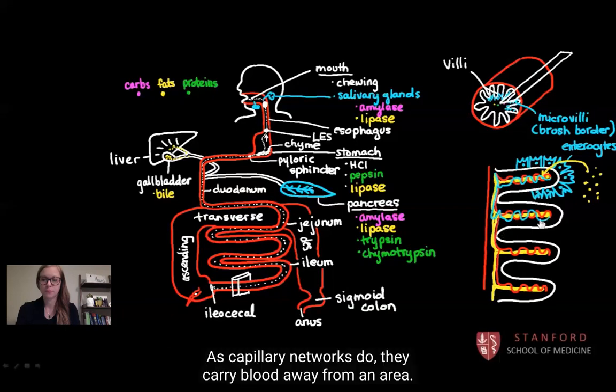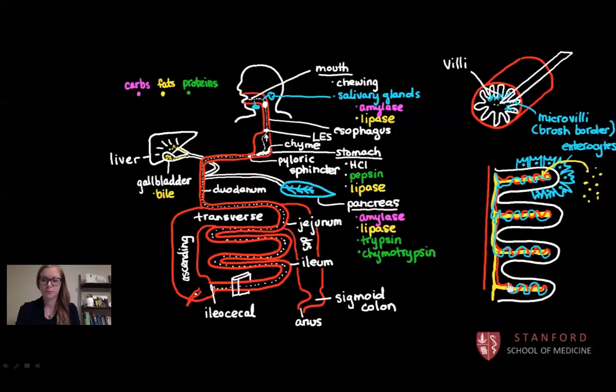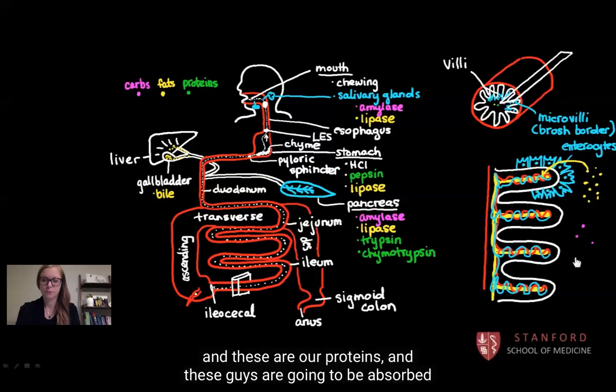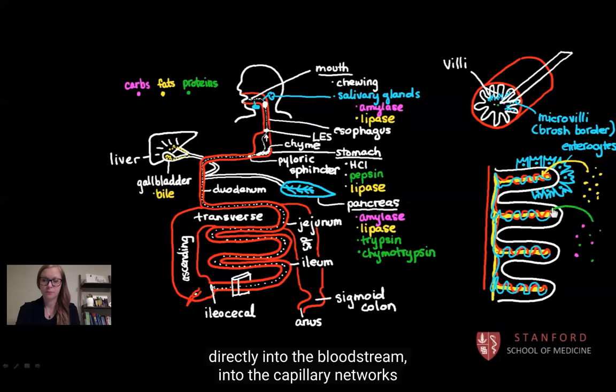As capillary networks do, they carry blood away from an area. So the proteins and carbohydrates, these are our carbohydrates, and these are our proteins, these are going to be absorbed directly into the bloodstream, into the capillary networks that surround these central lacteals. There are our carbohydrates going in.